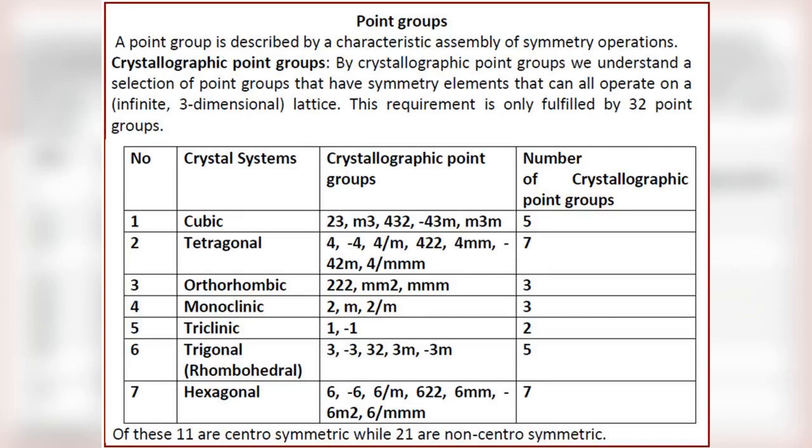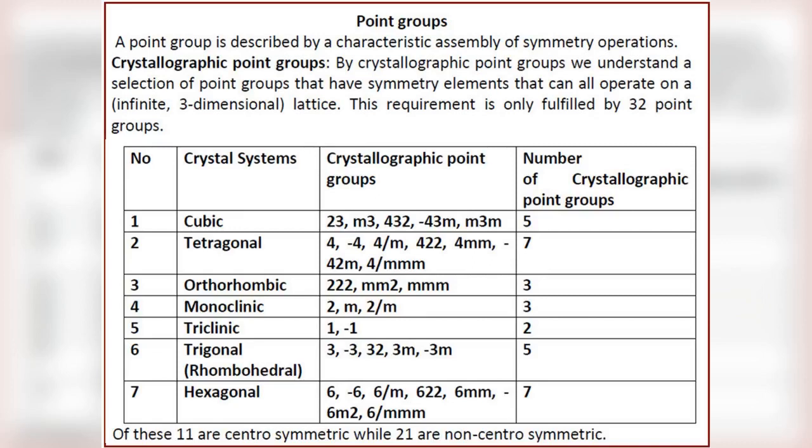Therefore, the 7 basic crystal systems are again divided into 32 point groups, meaning cubic contains 5 point groups, tetragonal contains 7 point groups, orthorhombic contains 3 point groups, monoclinic contains 3 point groups, triclinic contains 2 point groups, trigonal contains 5 point groups, and hexagonal contains 7 point groups.